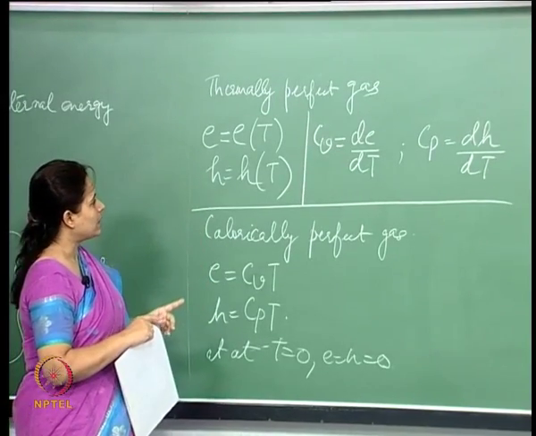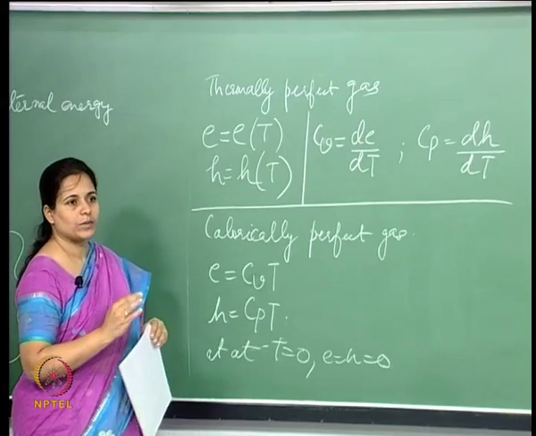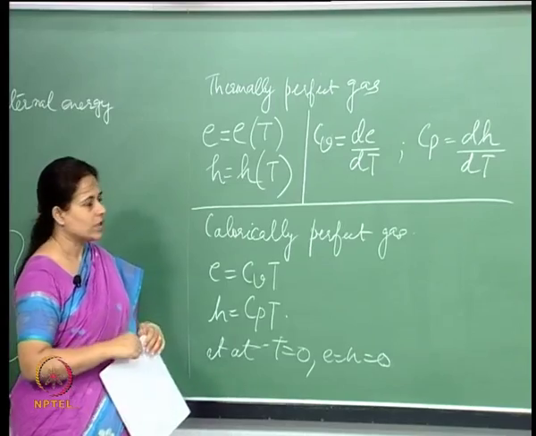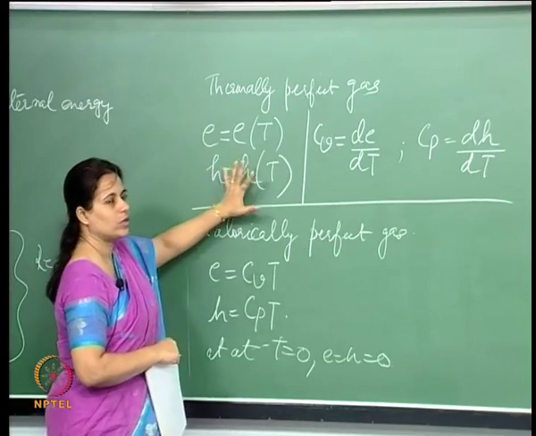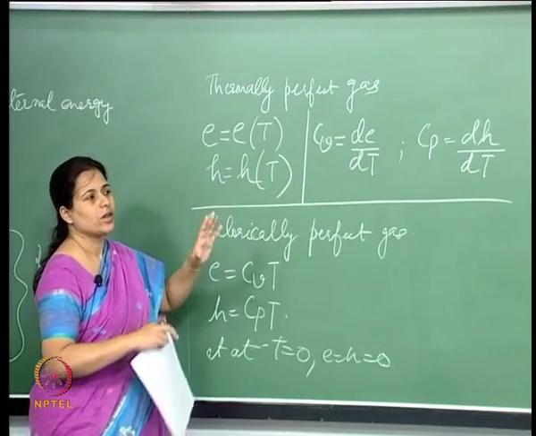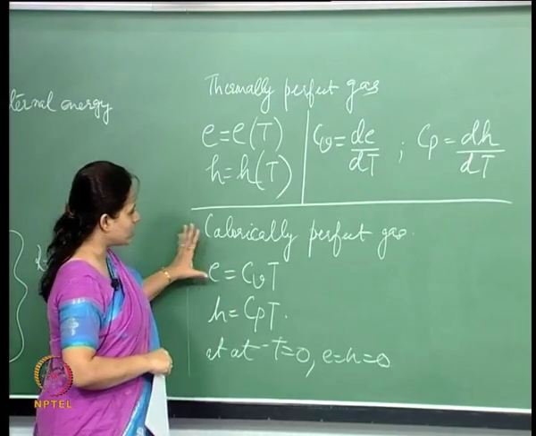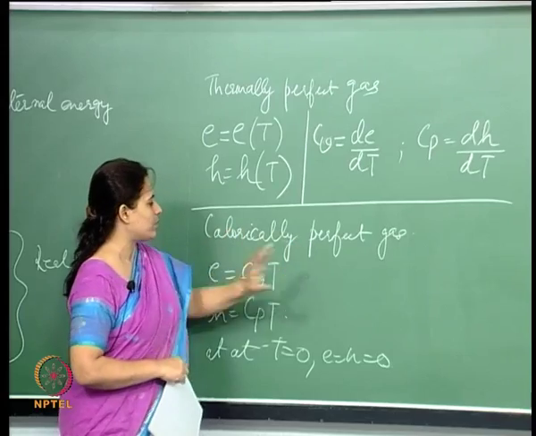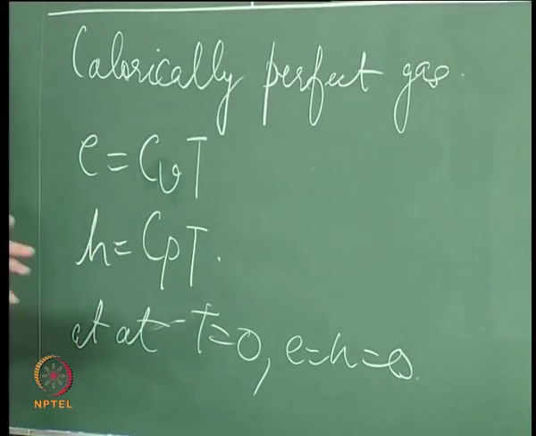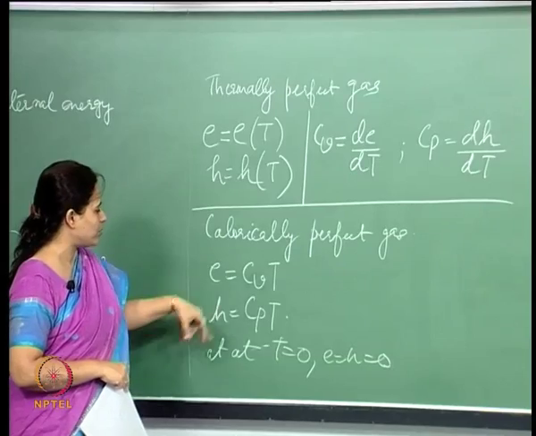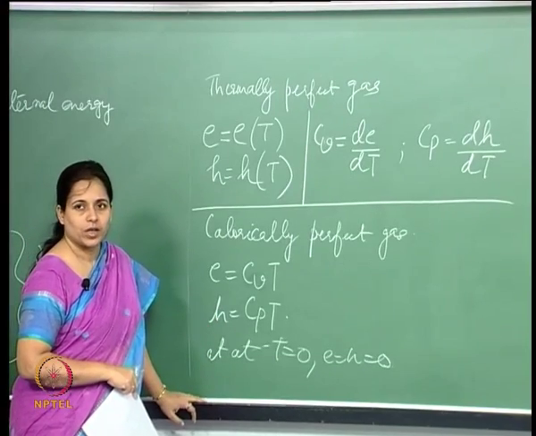It helps us not to solve very generic equations. This gives us more usable equations, more usable relationships for a particular bracket of problems that fall under that category. So, this is also when we consider a calorically perfect gas, we would have a large number of problems under this category, and we should be able to use these relationships with a lot of ease.